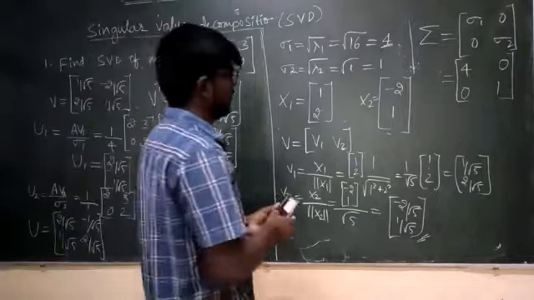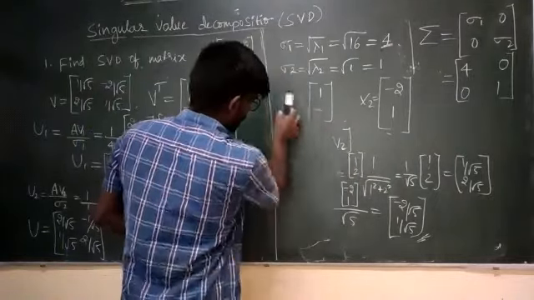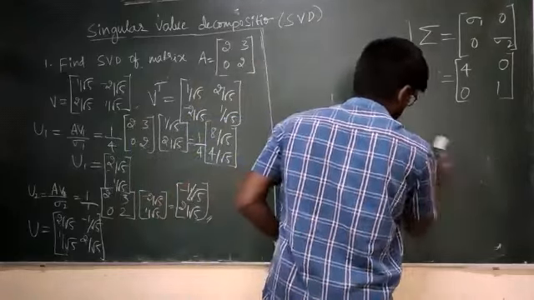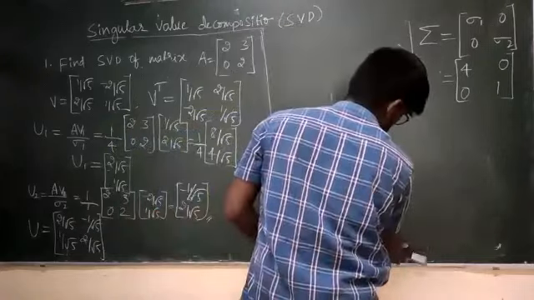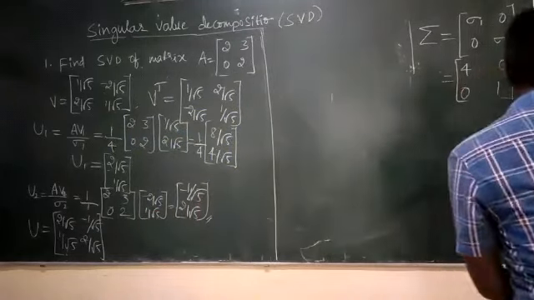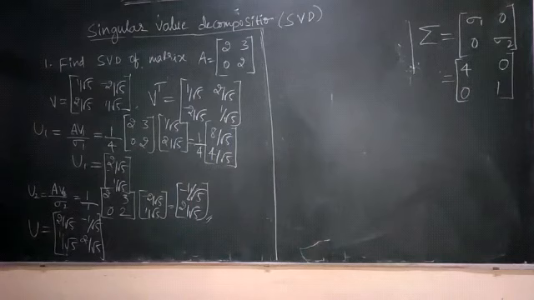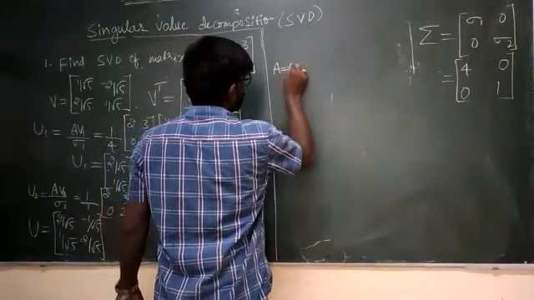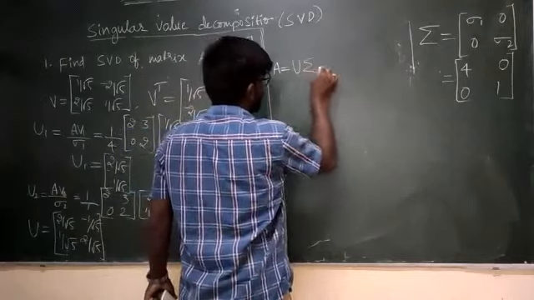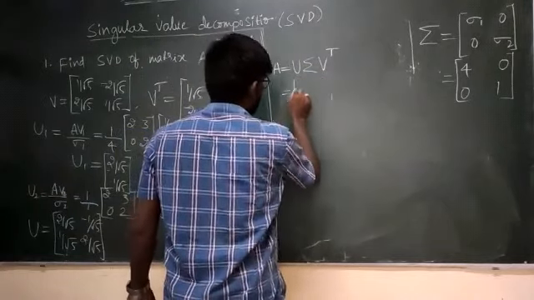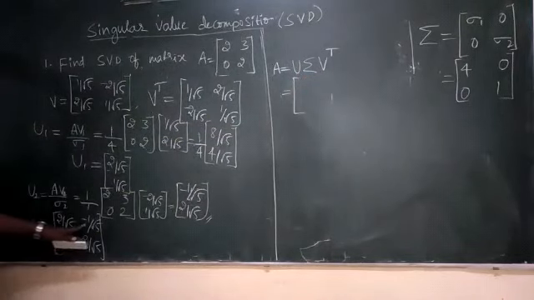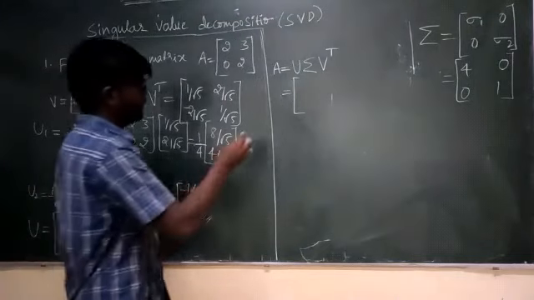We have to verify whether these matrices multiplied together are equal to A. A is equal to U sigma V transpose. Here U is 2 by root 5, 1 by root 5, minus 1 by root 5, 2 by root 5.